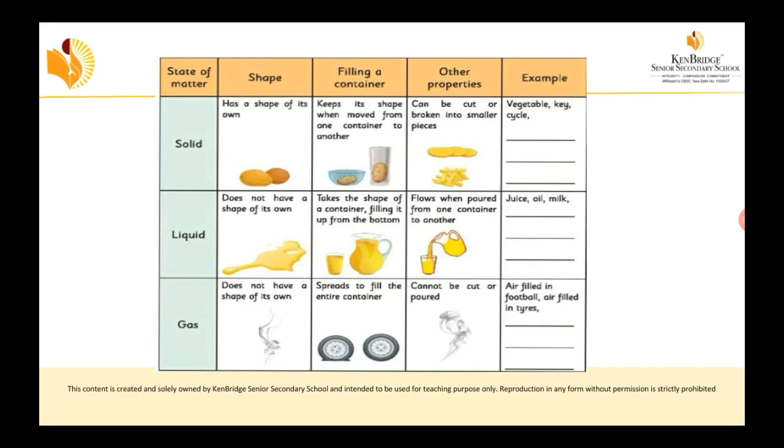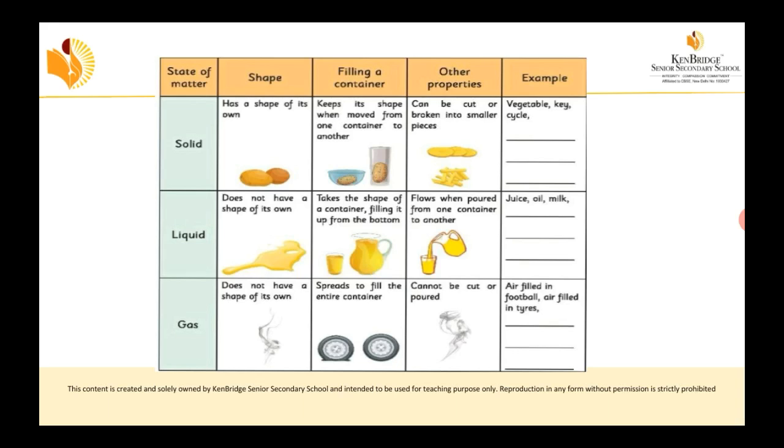It occupies the shape of the container, filling it from the bottom. It flows when poured from one container to another. So we can pour milk or water from one container to another. Examples are juice, oil, milk. You can write your own other three examples.